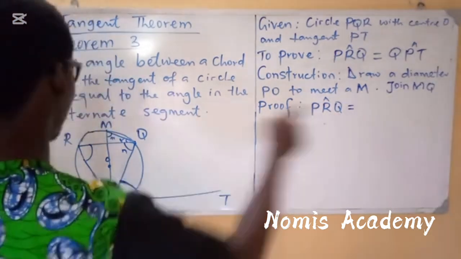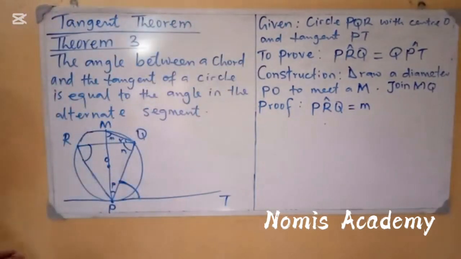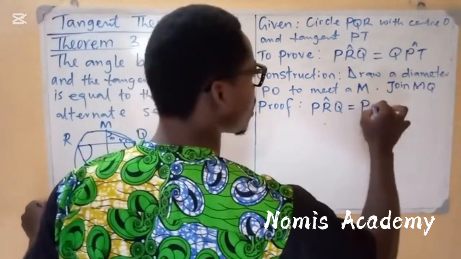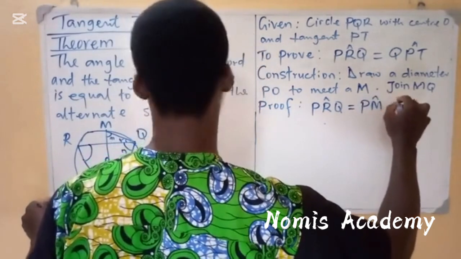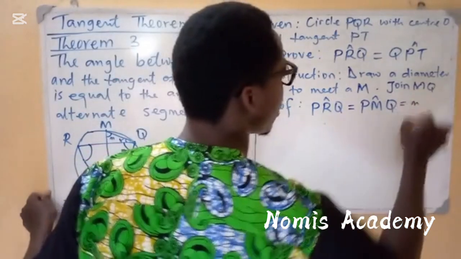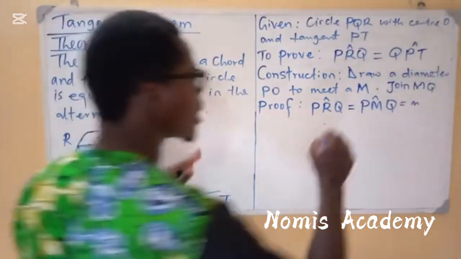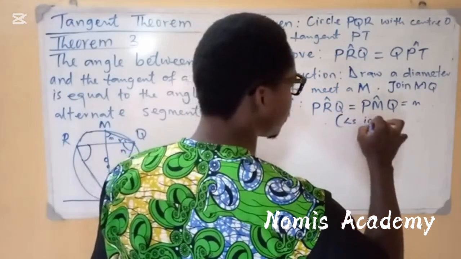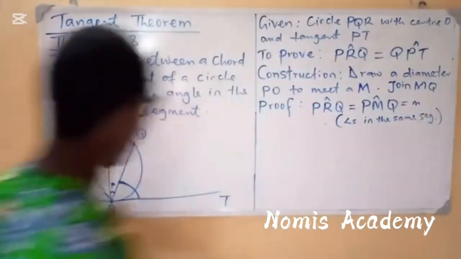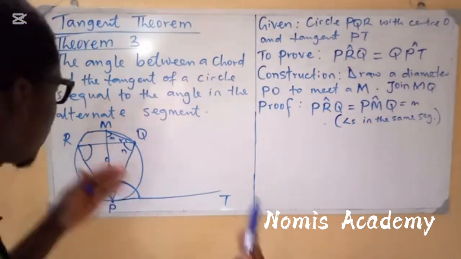So PRQ is equal to M, using the real angle name, PMQ. They are the same thing, so we can call it M. They are equal. And what's the idea behind this? Angles in the same segment. Meaning that the angle at R and the angle at M are in the same segment and they are equal.